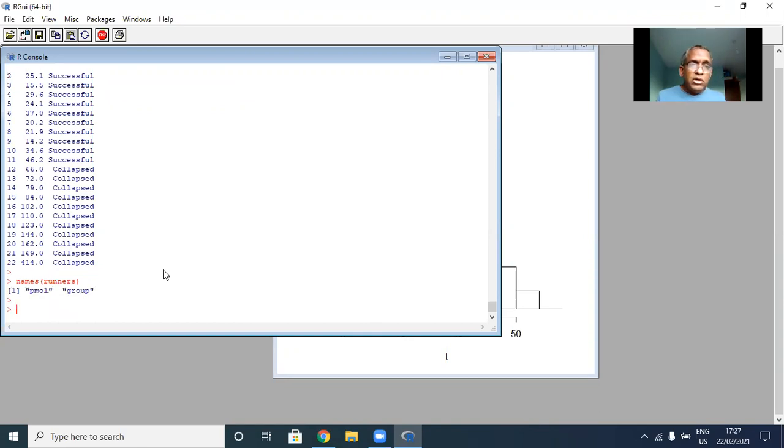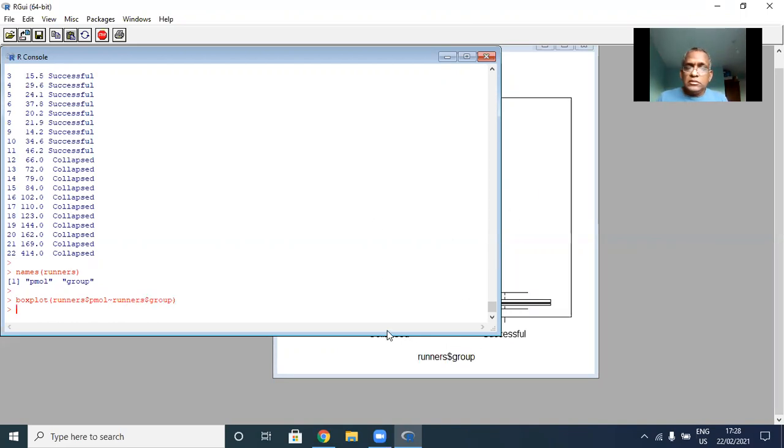Now, suppose you want to do a box plot of the concentration level versus group. This is what you will use. There's a symbol called tilde, which you can find on your keyboard, versus group.